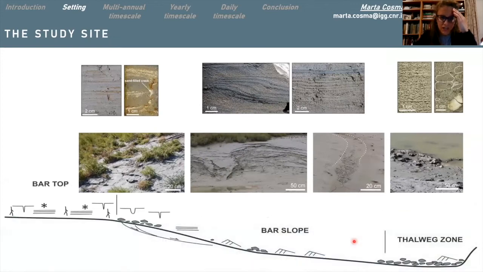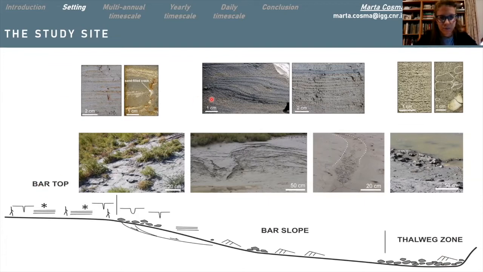Just to give you an idea of the sediments we have in this point bar and in this meander, they show quite a classical feature for tidal point bars. So there is a fining upward trend from the Talweg zone, which shows very fine to fine massive sand with mud clasts and shell, and they fine upward to laminated mud with very fine sand toward the bar top.